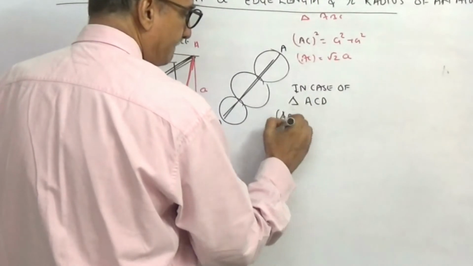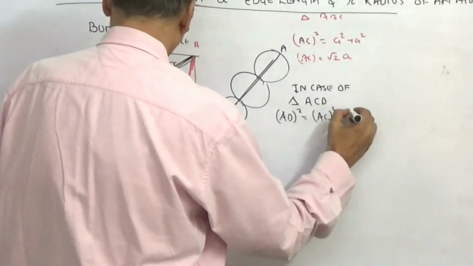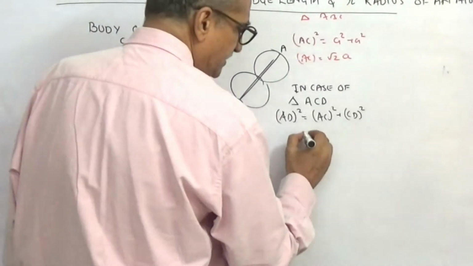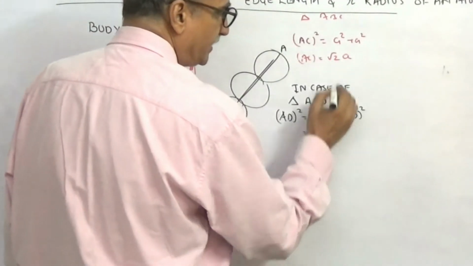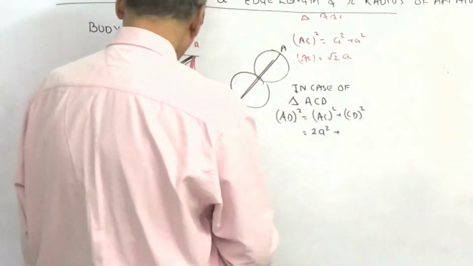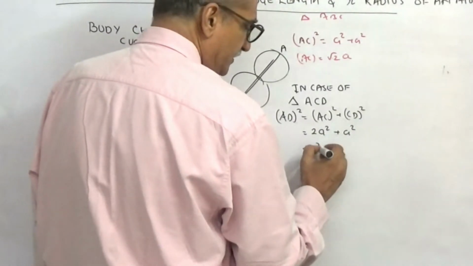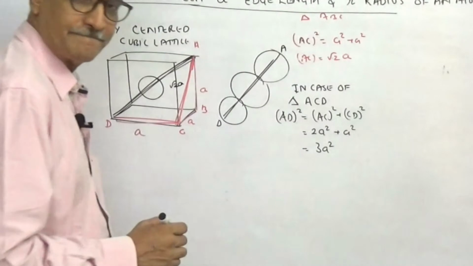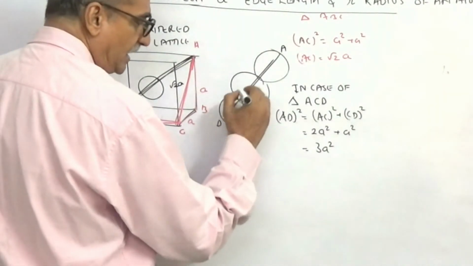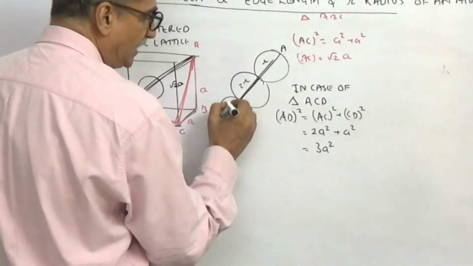AD square is equal to AC square plus CD square. Now your AC is root 2 A, so AC square is 2A square, plus CD is A, so plus A square. So we get therefore 3A square. But AD itself is what? This is R, this is the diameter 2R, and this is R. So AD is 4R, so AD square is 16R square.